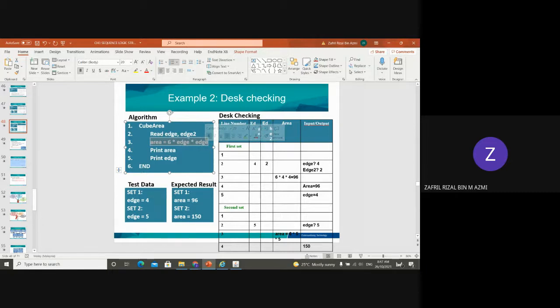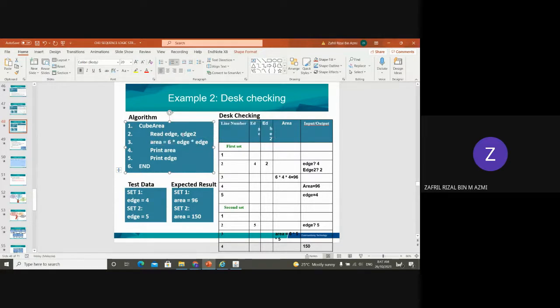Do you understand what I mean, class? So you cannot combine it over here, because after reading H, the user must do the calculation first, and then the user must enter H2.